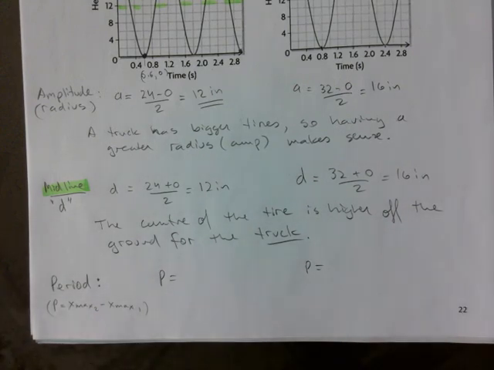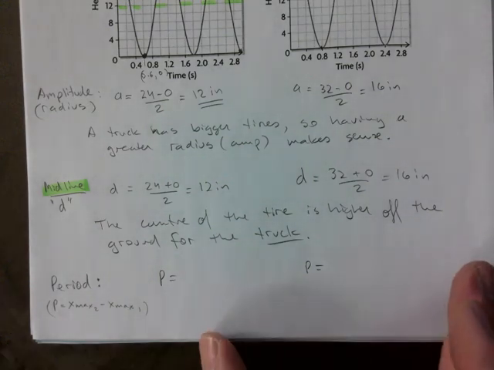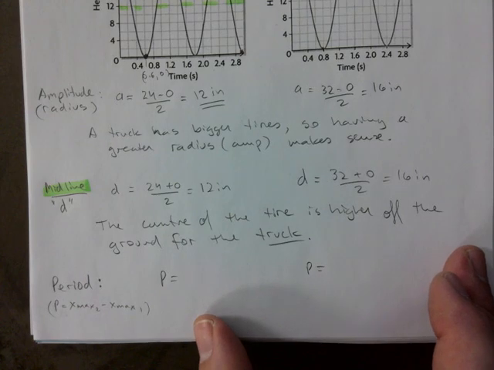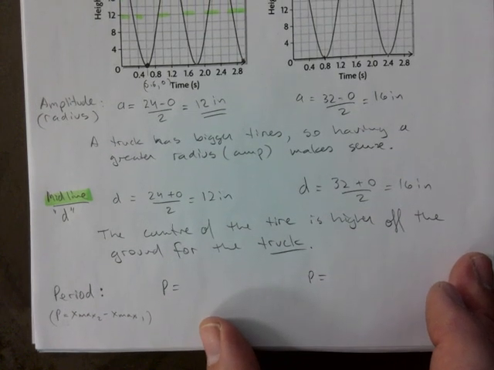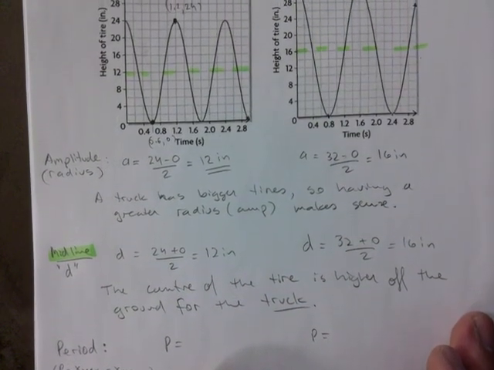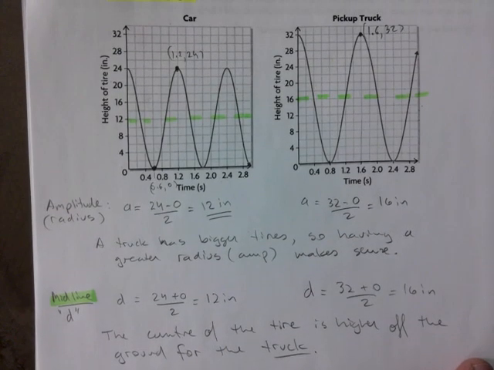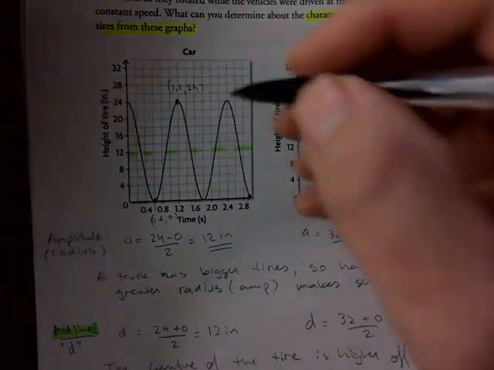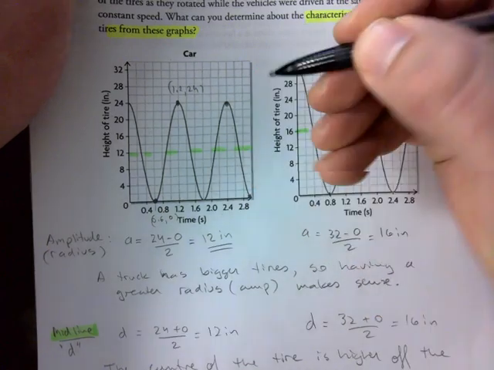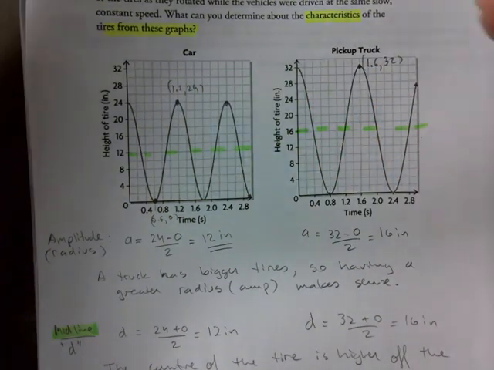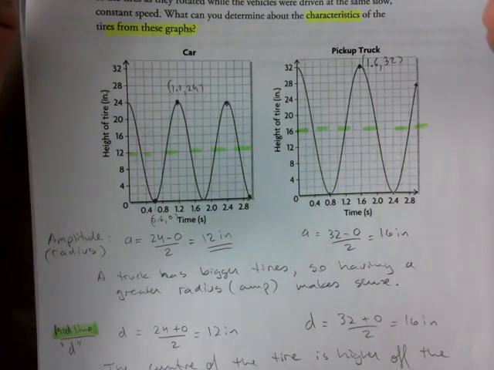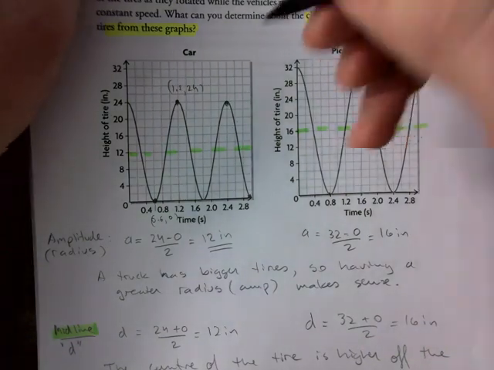Question, which one of the tires can you predict will have a shorter period, will complete a full rotation faster? The car. We kind of know that already. If you approach questions like that, you can actually predict and make fewer mistakes, because you're expecting that.